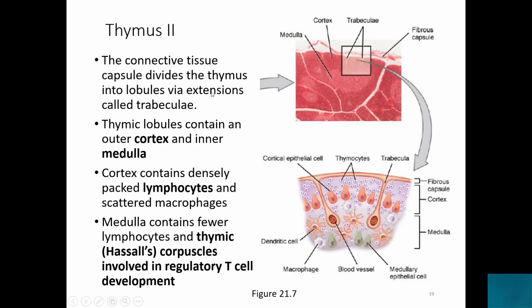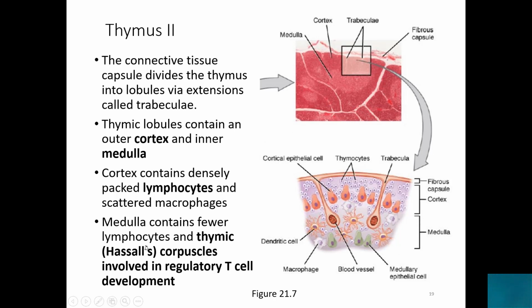Inside the thymus, there are connective tissue walls, here they are, dividing it into lobules. So that would be one lobule. Each lobule has a cortex, the outer layer, and a medulla, the central layer. In the cortex, there are a lot of lymphocytes and some macrophages.